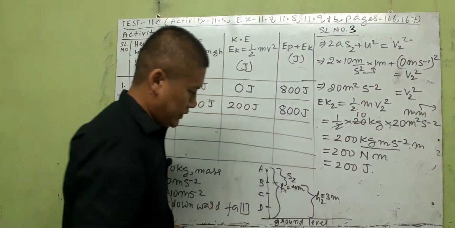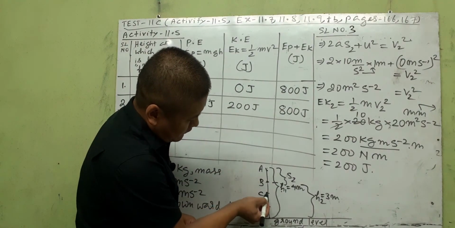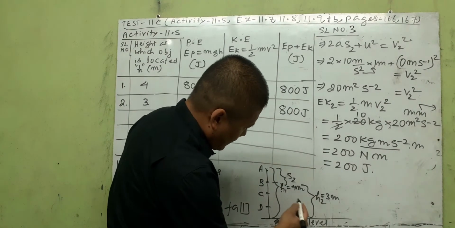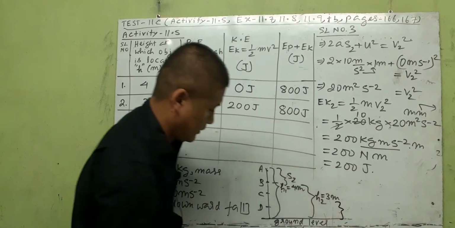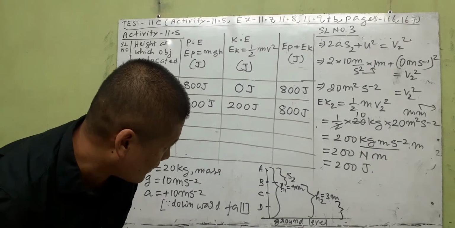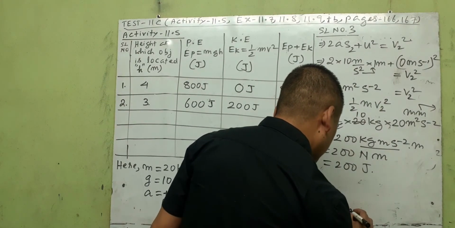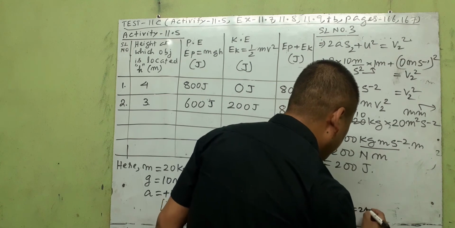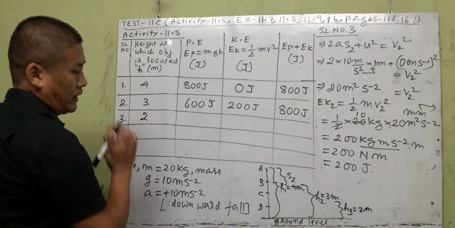In serial number 3, the object would have fallen from here to here, serial number 2. Now to C means serial number 3. So it came right here. Let's see, so that is the point. This is H3, which is equal to 2 meter. So in serial number 3, the object is at 2 meter height.